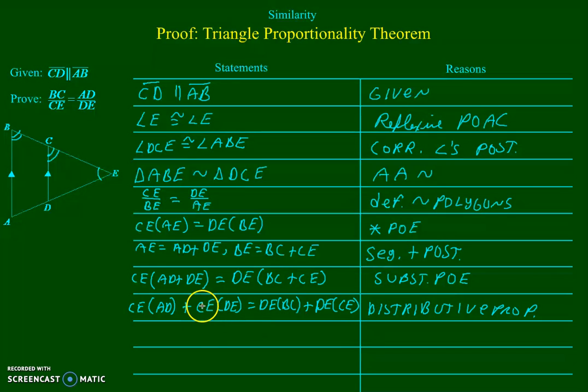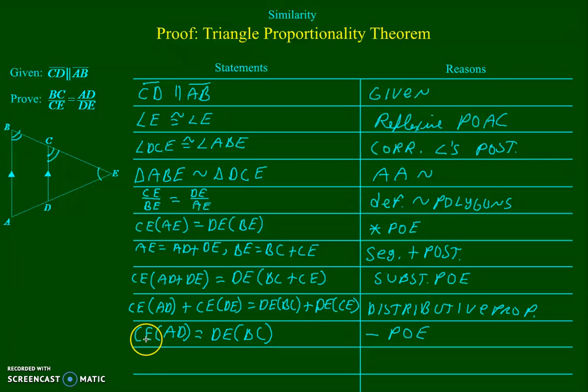Here we have the product of CE times DE on the left side and CE times DE on the right side, and these guys will subtract out. So let's go ahead and do that and subtract these from both sides. So here we've subtracted CE times DE from both sides, and we're left with CE times AD equals DE times BC.